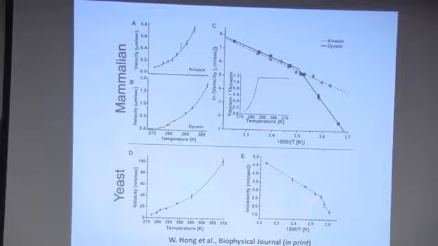This is for Saccharomyces cerevisiae, and there is a break in dynein velocity for yeast, but this break is happening at about 7 degrees. In other words, basically you wouldn't expect any cold block there, because by that temperature, all the microtubules are gone anyway. So there is no real way to look.